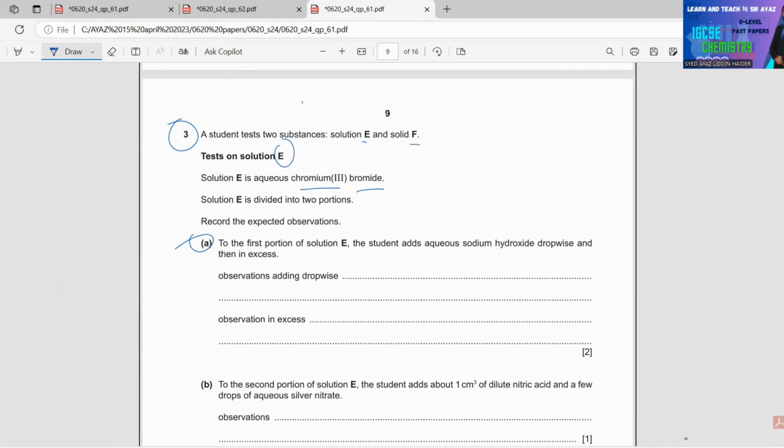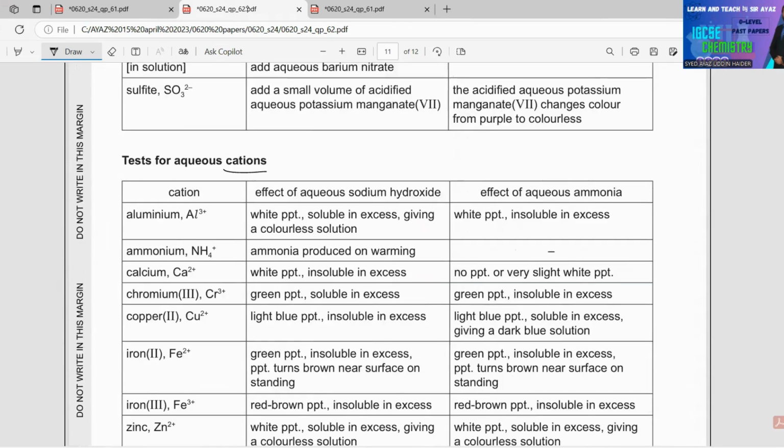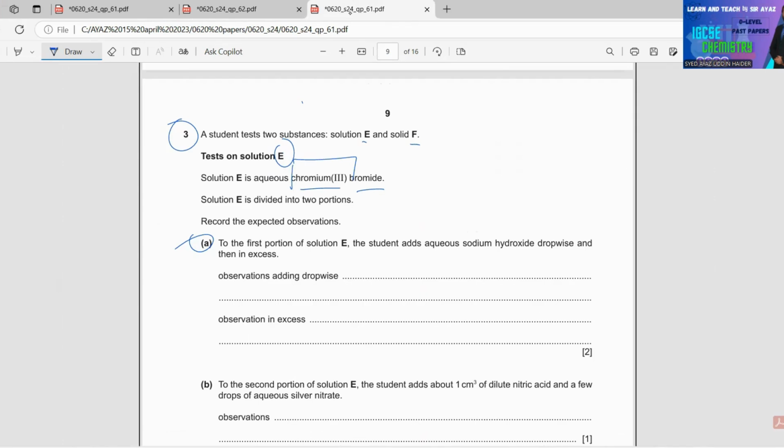Definitely it is having chromium 3 ions. So you will look for the test of chromium 3 ions here. Test result, here's chromium 3 ions. So with aqueous sodium hydroxide, green precipitate, which is soluble in excess.